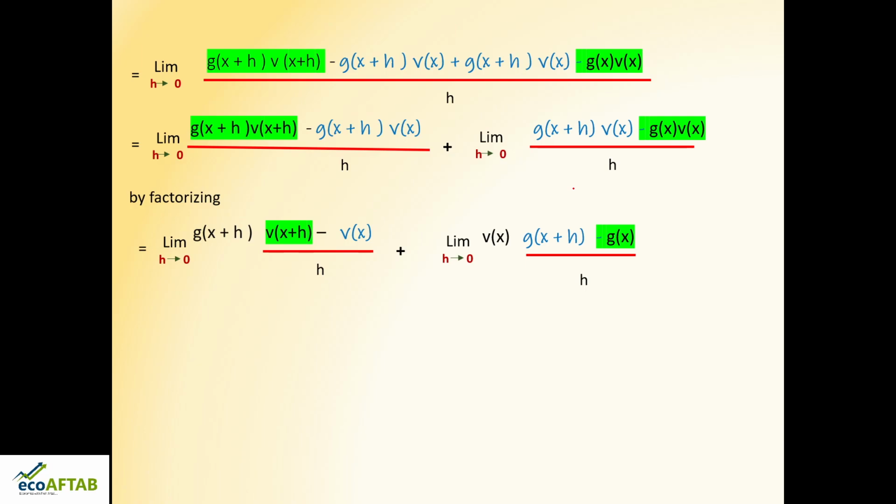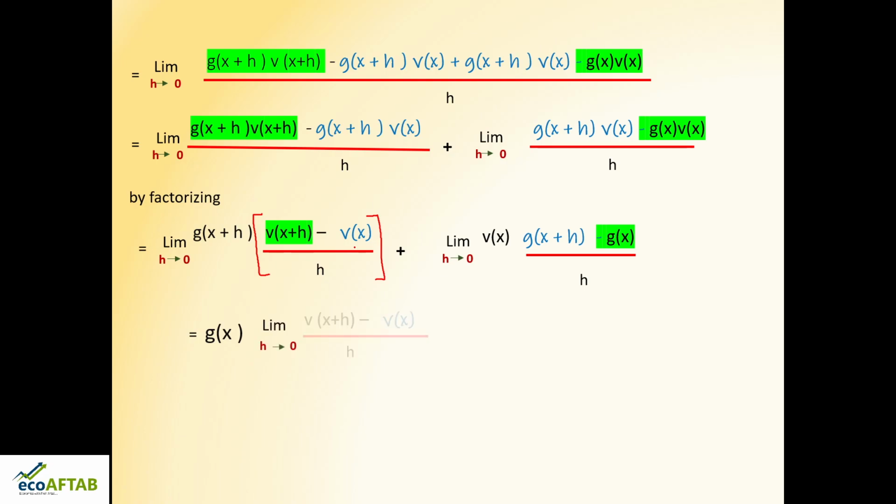Now, when I say that h is tending towards 0, it means this h is 0. So, what remains is g of x, that is what is in the next step. So, this is equal to g of x, and this thing, friends, if you see this entire thing, it is nothing but the formula when we differentiate v of x.